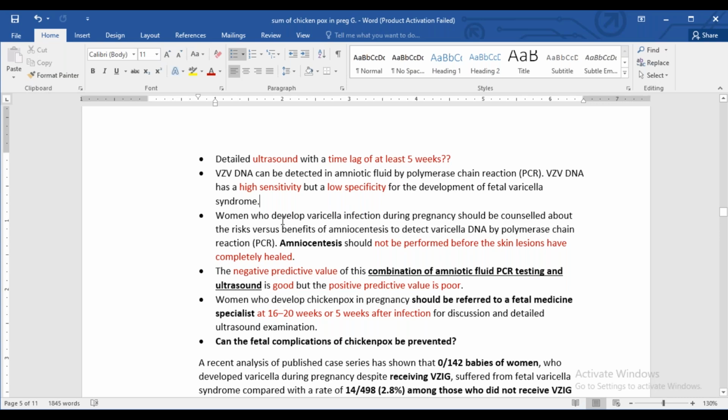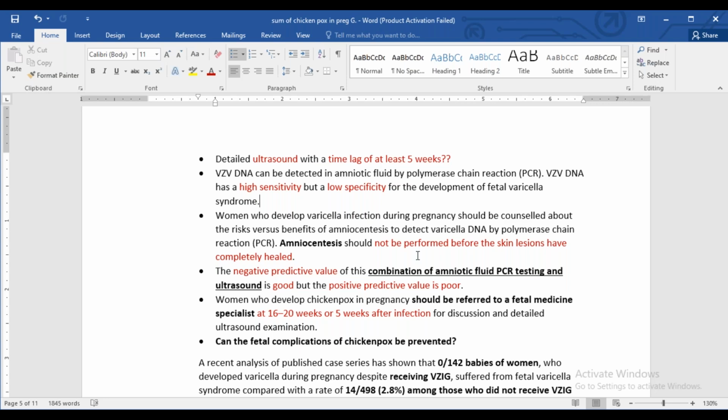One thing about amniotic fluid diagnosis, detection of the DNA: you shouldn't do amniocentesis while there are active skin lesions on the mother, because the baby may have nothing and you just transmit the infection by your needle from the active skin lesion to the baby.